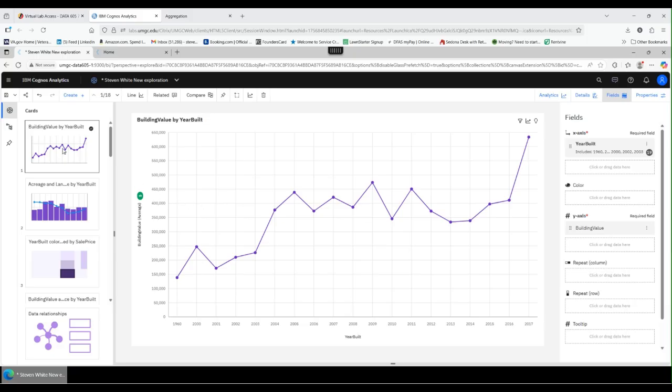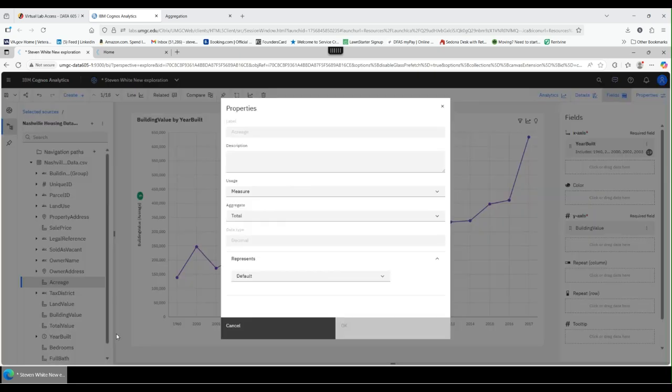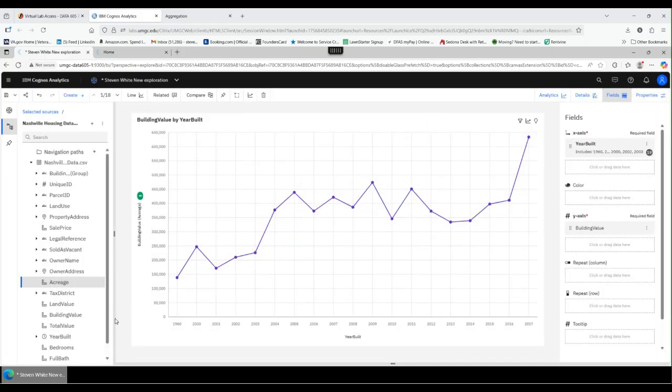As you can see on my screen, there are various data fields in this data set, different types, including integers. We can look into properties. We see that acreage is in decimals, other formats, integer text formats as well. But from what I see, looking at the problems that we discussed earlier, the most important target variable is sales price.